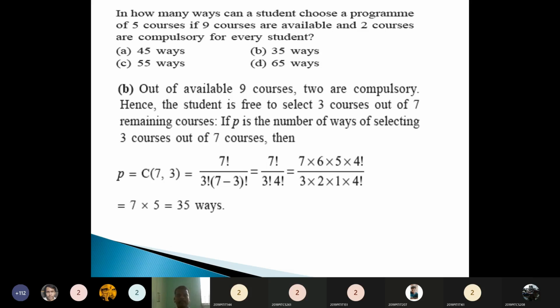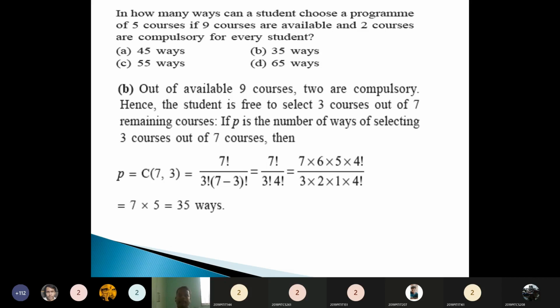You have to take them. So omit those; the remaining 3 courses we have to choose from the remaining 7 courses. Total available courses 9, choose 5, and the condition is 2 particular courses are compulsory. For example, in the second semester, technical English and mathematics may be compulsory papers. The remaining 3 courses out of 7 courses you can choose.